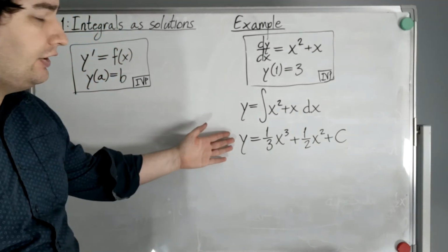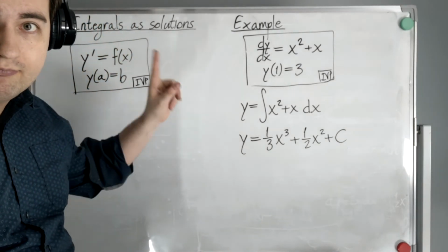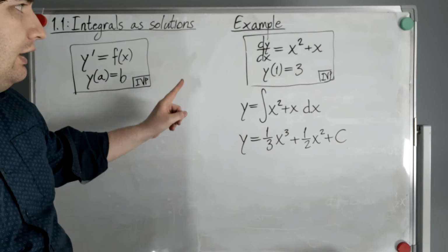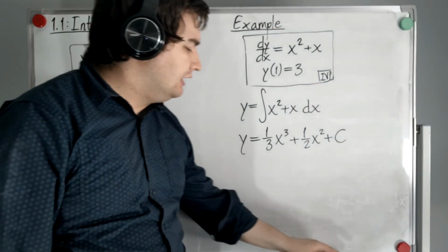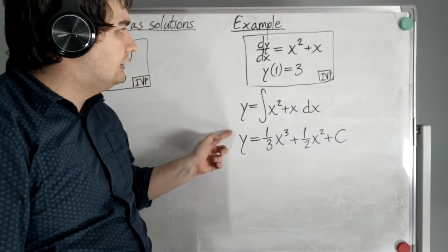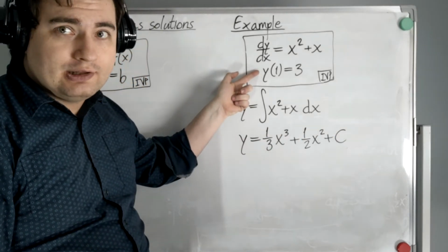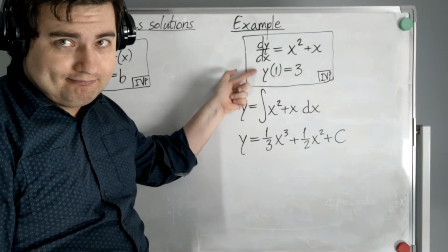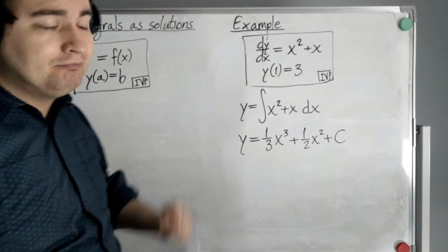Okay? This is our general solution. But we're not done yet. We're not done yet because not all of these functions satisfy the condition that y of 1 has to be 3. So we have to do one more thing.